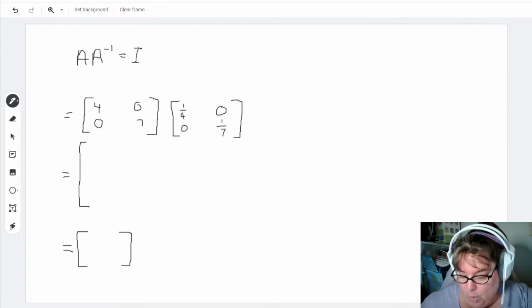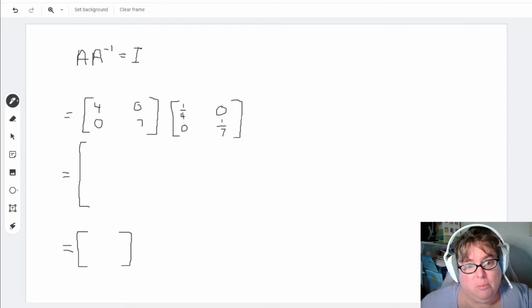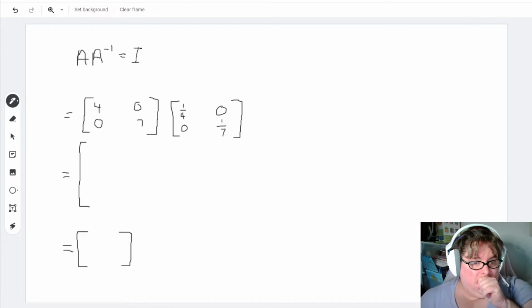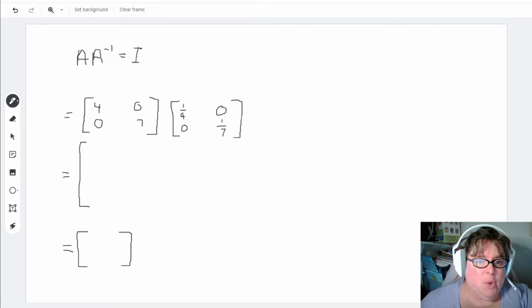So what you do when you multiply your matrices is you're going to multiply 4 times 1/4. Whoops, that's not a fourth. Okay, and then we're going to add that to 0 times 0, which is 0.